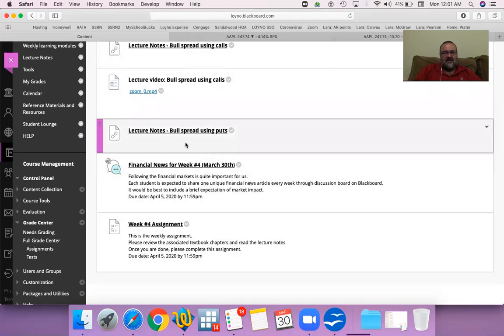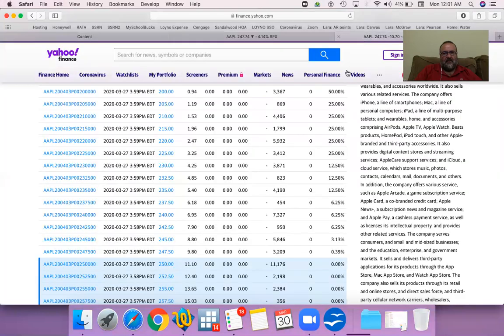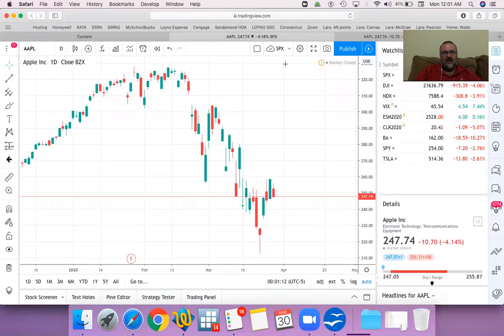Our expectation is that the price of Apple is going to go up. So what we're going to do is look for where it's not going to go, which means we are going to set an expectation for a bottom price. Let's say that the current price is $247.